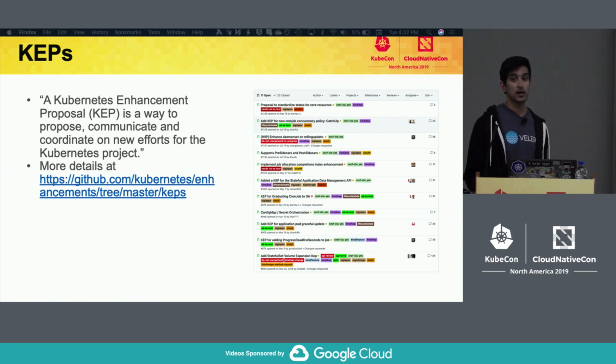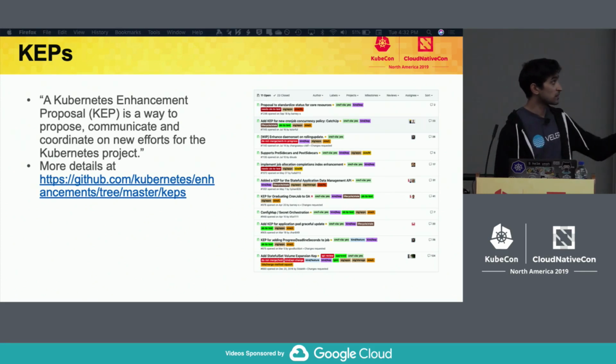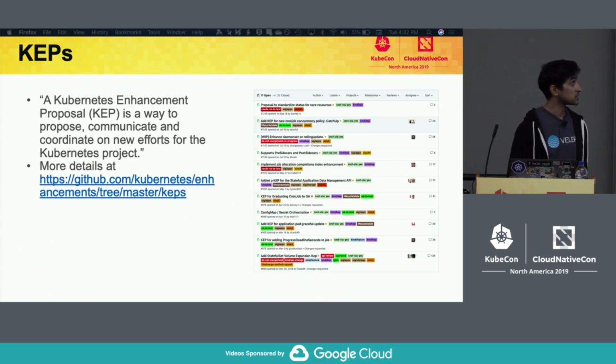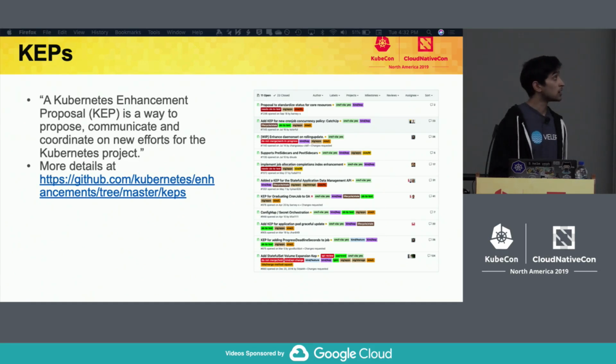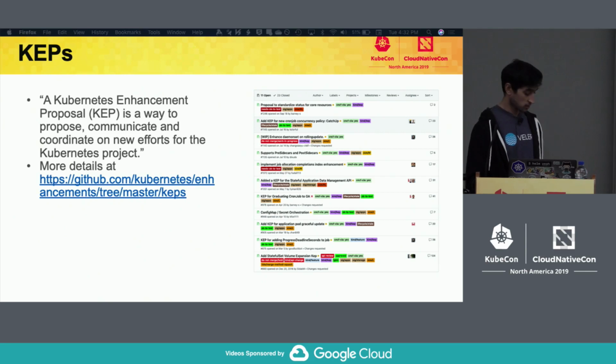Essentially, a KEP involves the high-level overview of the change that you're proposing, and motivations for that change, and then detailed design on how that change will be implemented, as well as a test plan and graduation criteria for promoting that change. You can find out more details about KEPs in the Kubernetes enhancement repo, and you can also take a look at some existing open KEPs in that repository as well.